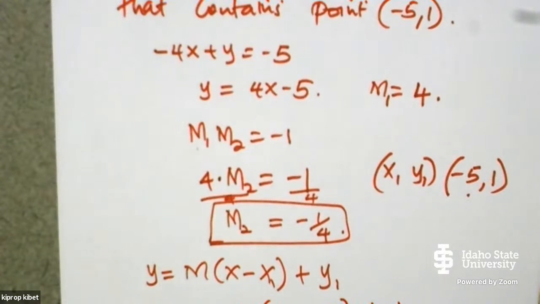I wrote this one as quiz 2, but it should be quiz 3. Can we write on the quiz?